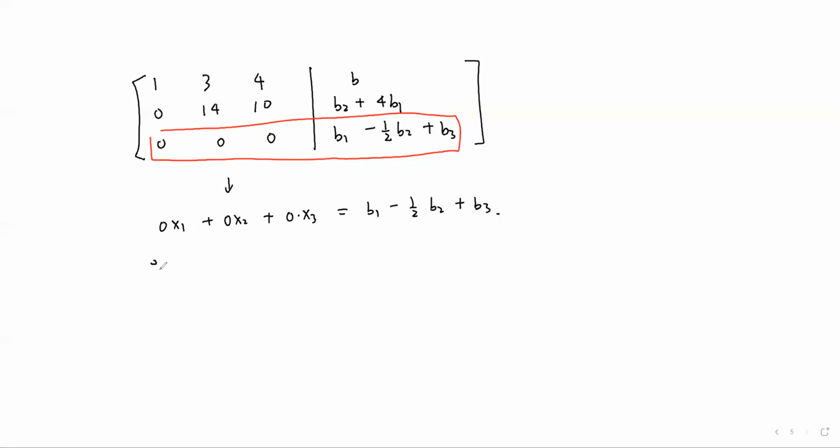For example, if I take B1 is 1, B2 is 1, B3 is 1, then this equation is 0 times x1 plus 0 times x2 plus 0 times x3 is equal to 1 minus 1 half, 1 half.